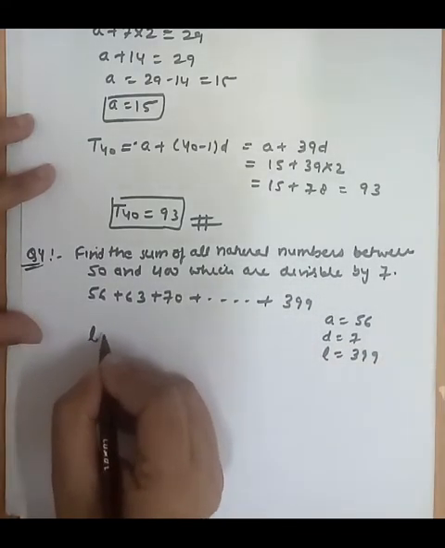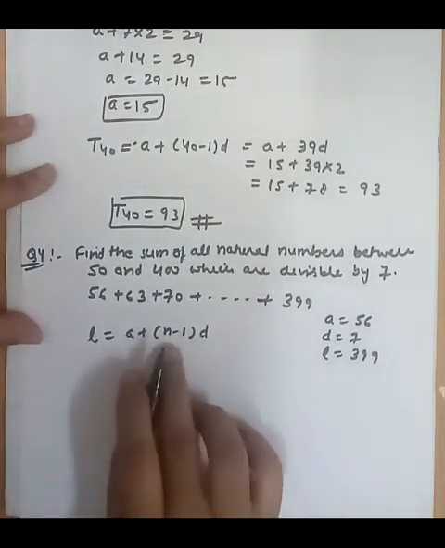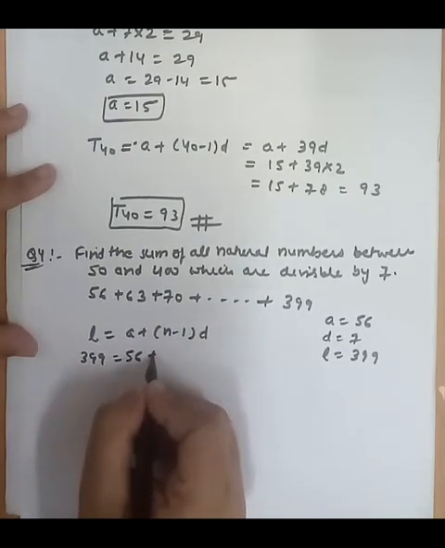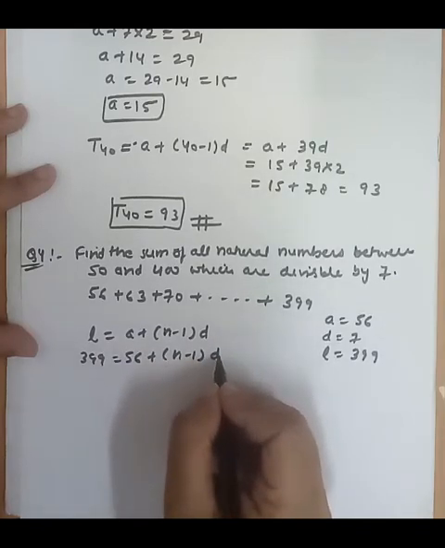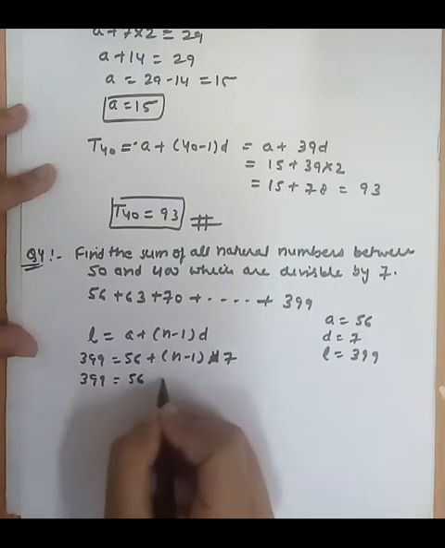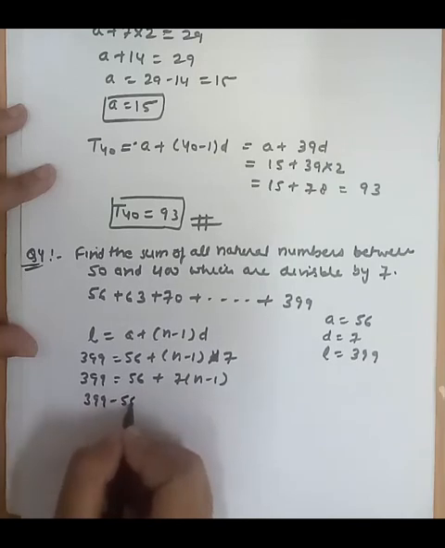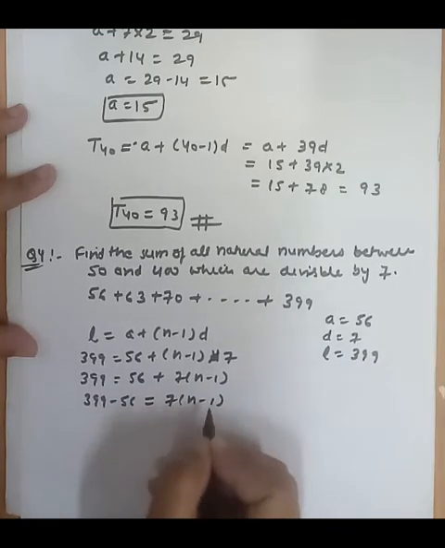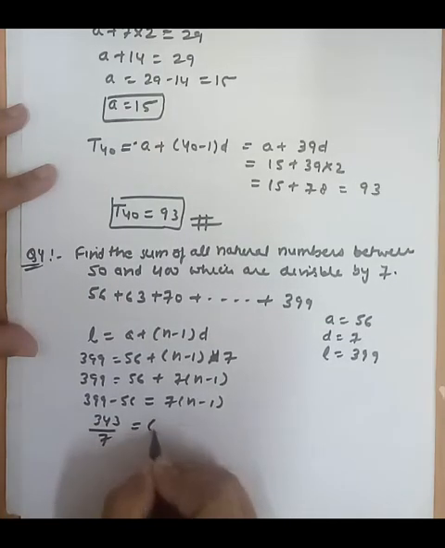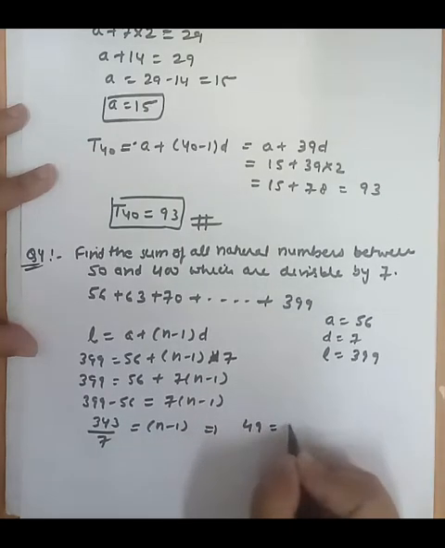So we need the formula L equal to a plus n minus 1 d. From this equation we have to find n. So L is 399, put in all the values and simplify. So we get 49 equal to n minus 1.